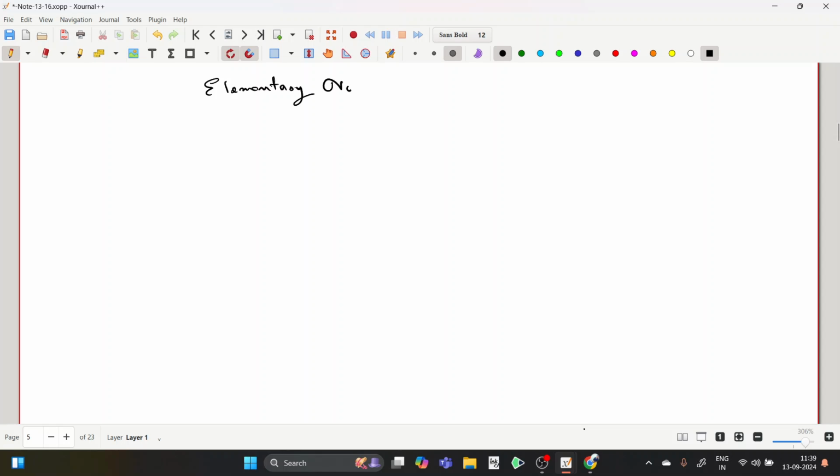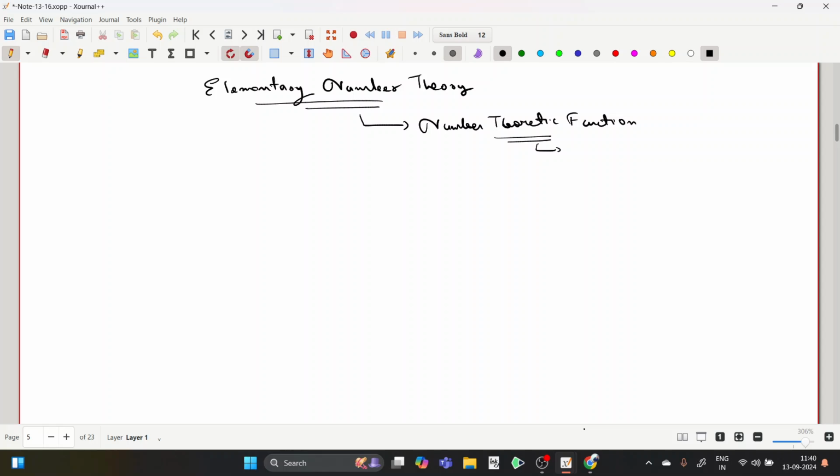If you have studied elementary number theory, then there is a special class of functions which we talk about there, called number theoretic functions. Number theoretic functions deal with certain important properties of numbers.